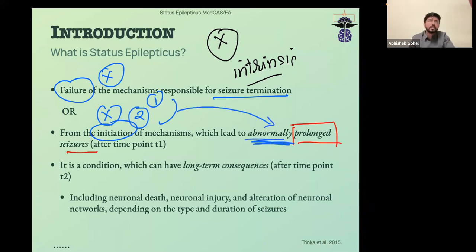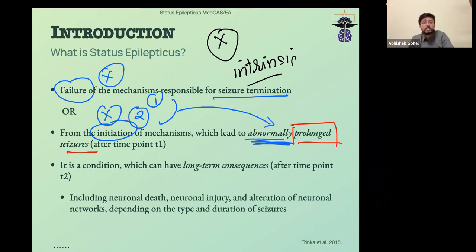A prolonged seizure can be a different time for different people. But when do we call it an abnormally prolonged seizure?